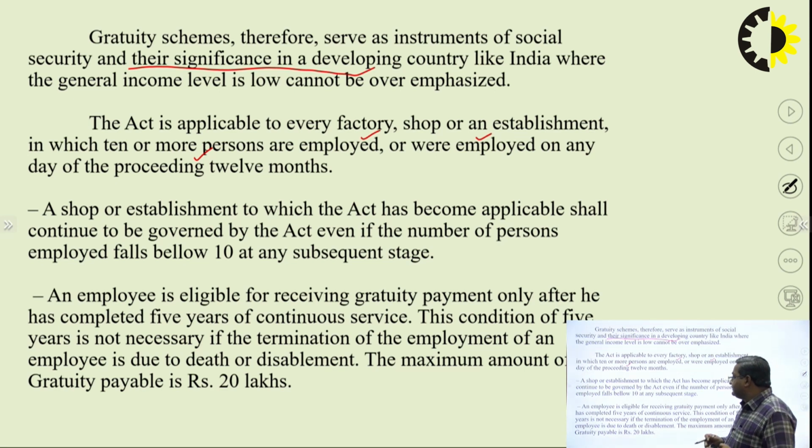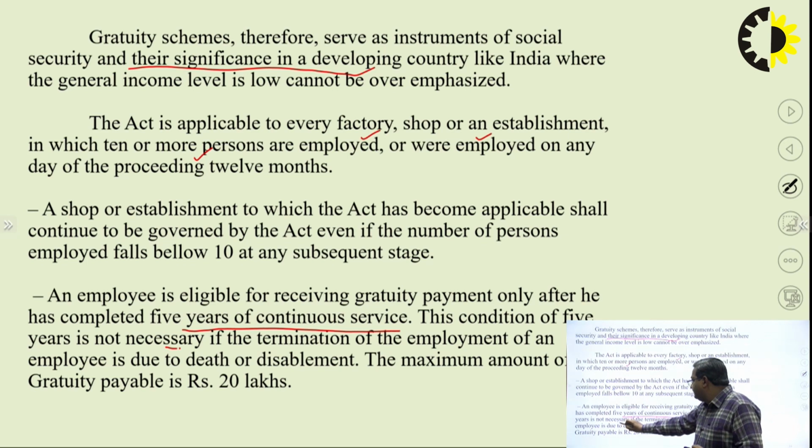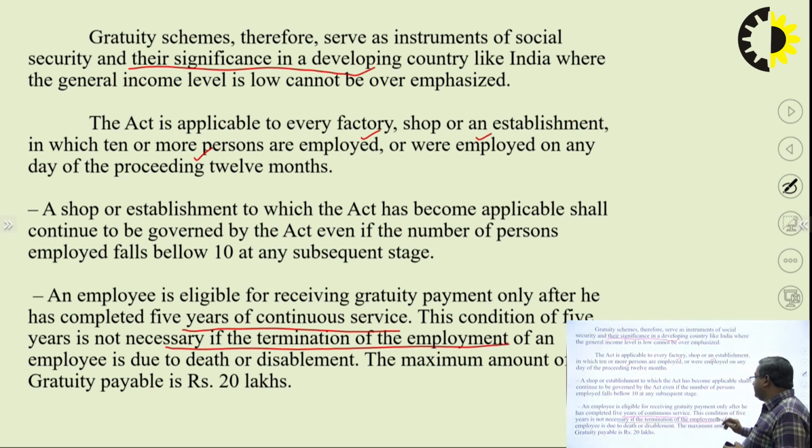The employee is eligible for receiving gratuity payment only after he has completed 5 years of continuous service. This condition of 5 years is not necessary if the termination of the employment of an employee is due to death or disablement. The maximum amount of the gratuity payable is rupees 20 lakhs.